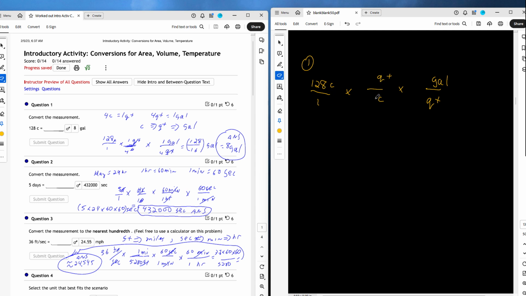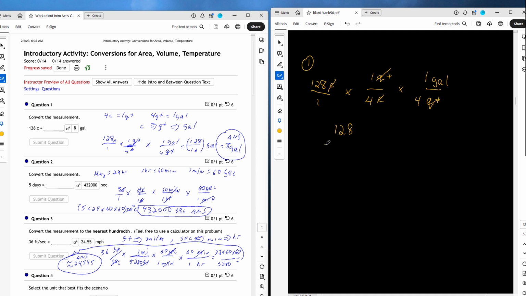So the relationship between cups and quarts, we see that 4 cups is 1 quart. And the relationship between gallons and quarts, we see that 4 quarts is 1 gallon. So when I multiply, cups cancel out, quarts cancel out, and across the top I'm just going to have 128 times 1 times 1, just 128.